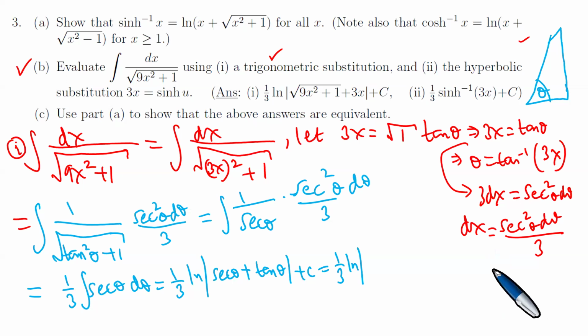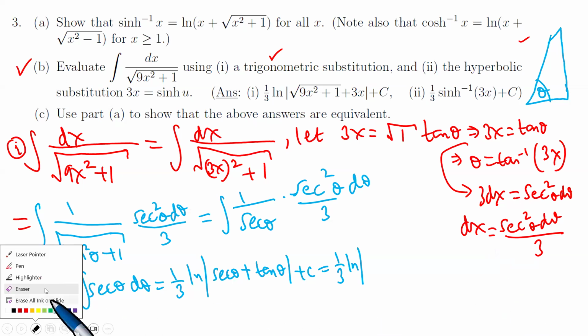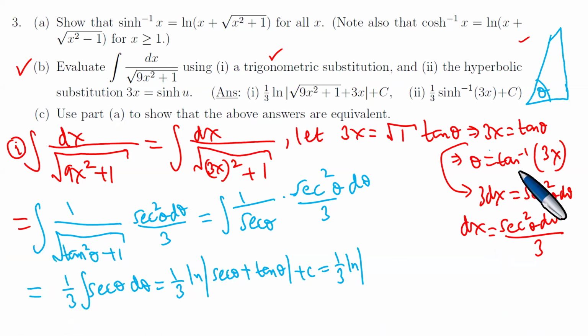If that is the case, what are we then able to do? So this is theta, and therefore for tan theta, you use SOHCAHTOA. The tangent is opposite over adjacent. So opposite over adjacent means it's 3x here, over 1.